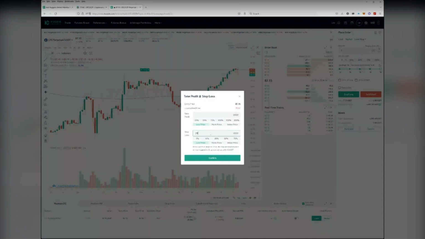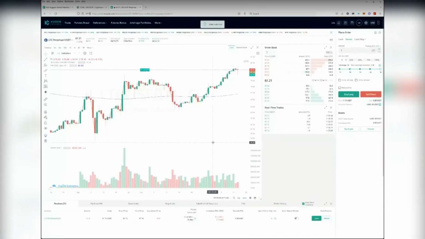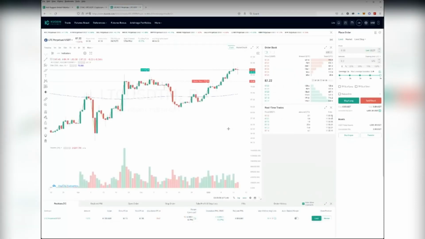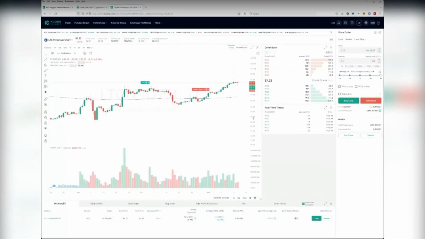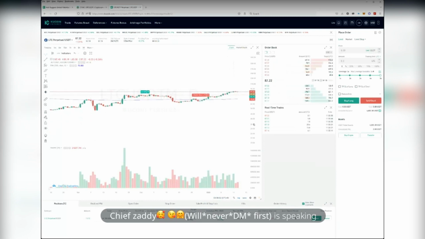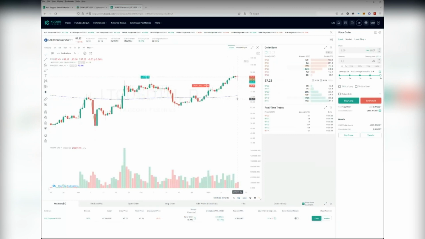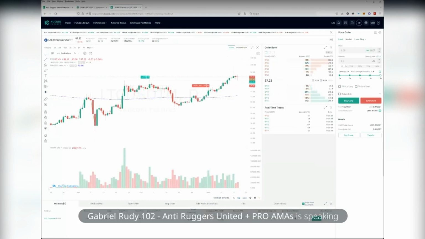Stop loss 79. Profit target 97. You just entered this trade or you did analysis on it? Just a random trade. Wow. So now we can, hey, look! I made 3 cents.